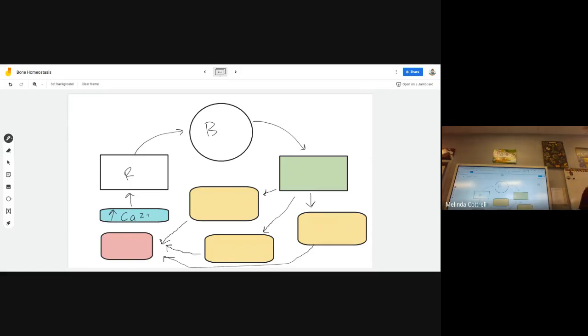And this is the one on page 231 in blue. And so our effector here is going to be the thyroid gland. And this is going to produce calcitonin.